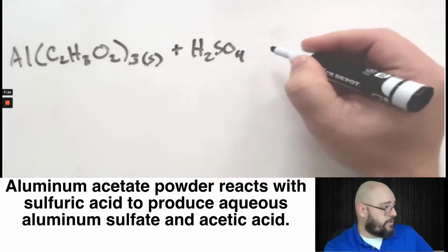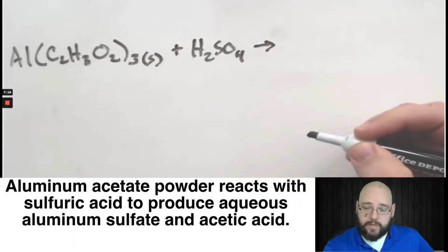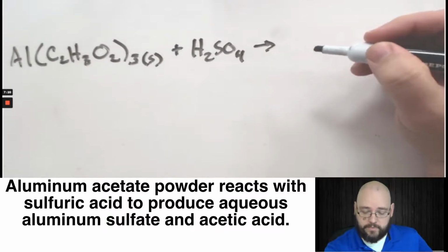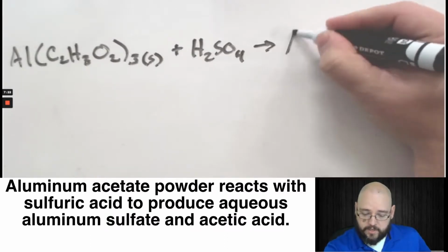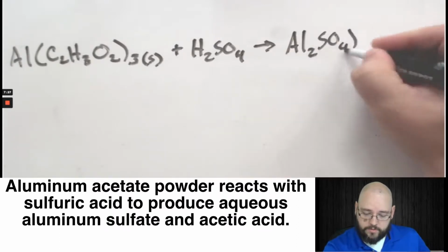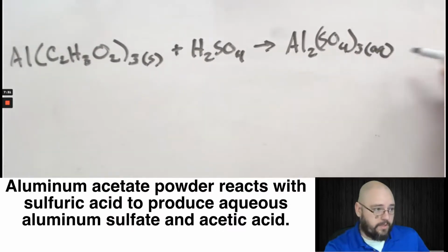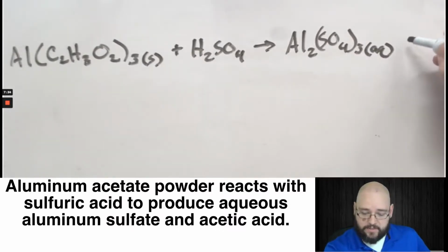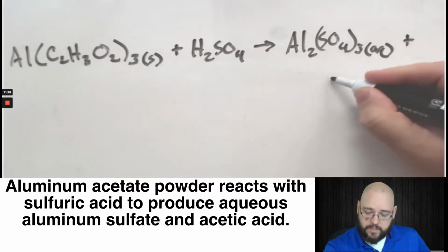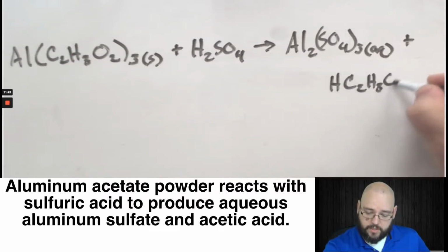To produce, so there's our arrow, aqueous aluminum sulfate, let me say it right. So I have aluminum sulfate, and it's aqueous, so I have the AQ, and acetic acid, which I'm going to write down here because I'm running out of room, HC2H3O2.